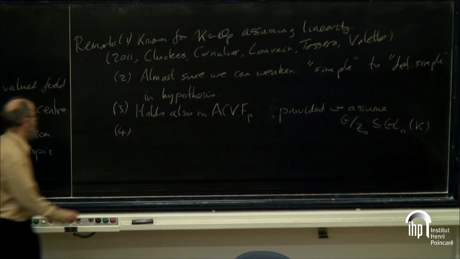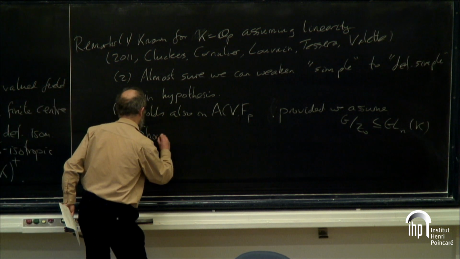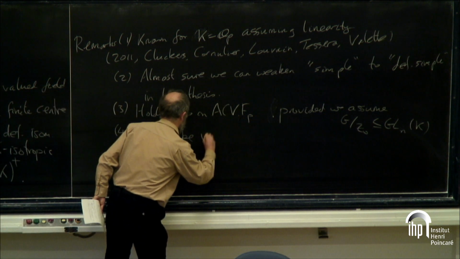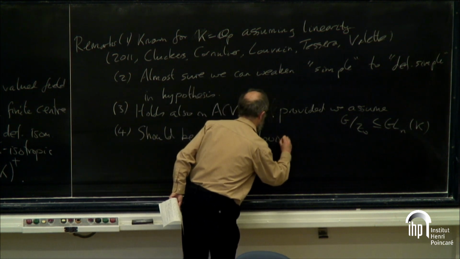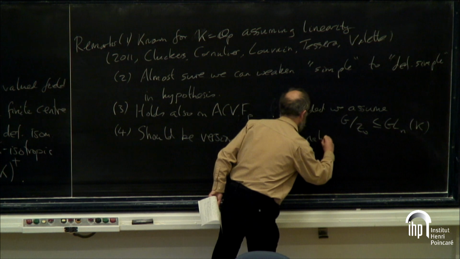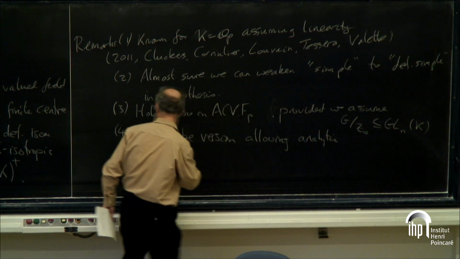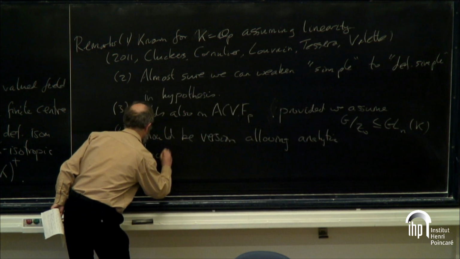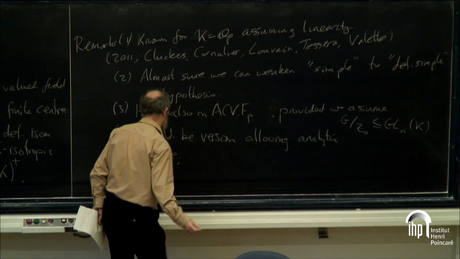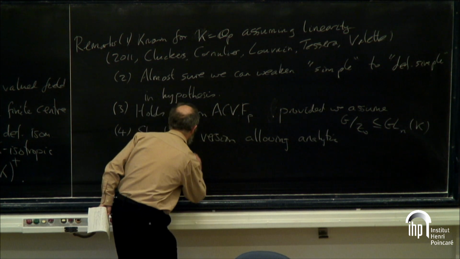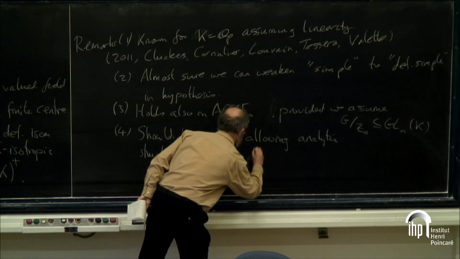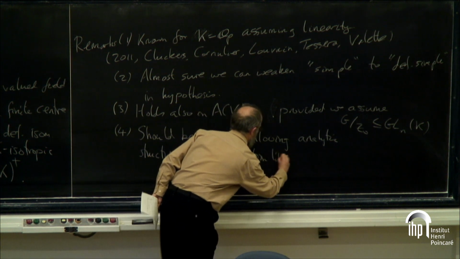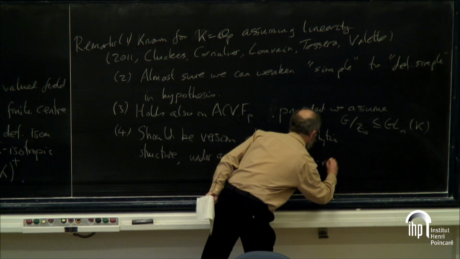So there should be a version allowing analytic structure, under an assumption something like B minimal with centers.